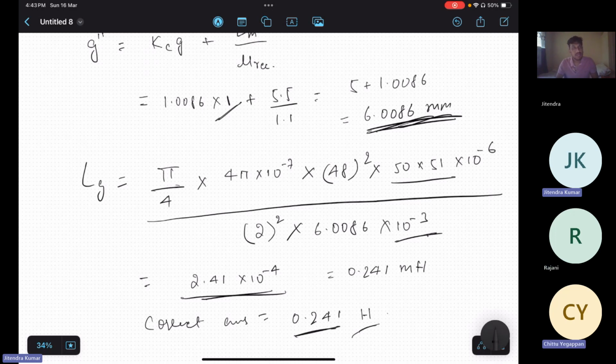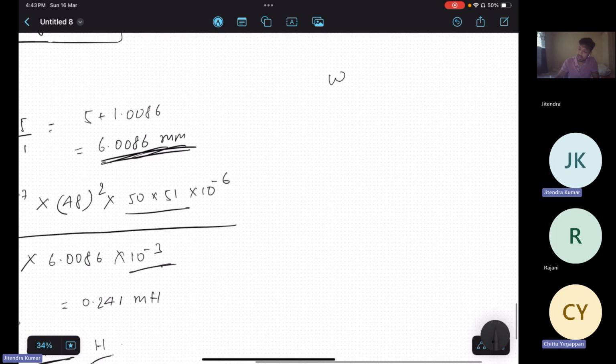In the last week's assignment, we used 2 pi n by 60, for angular velocity. Omega is equal to 2 pi n by 60, where n is RPM. So why don't we use 2 pi f there?